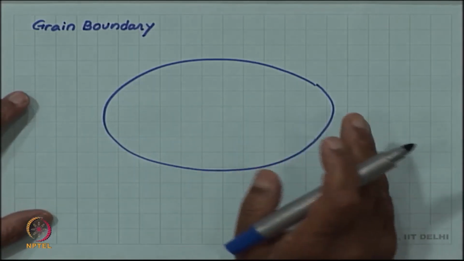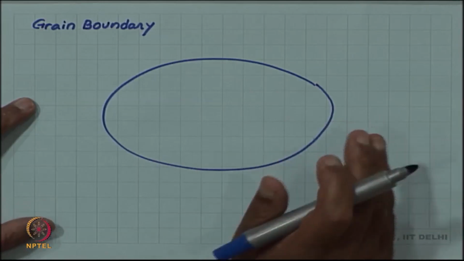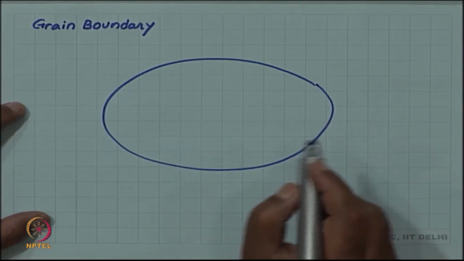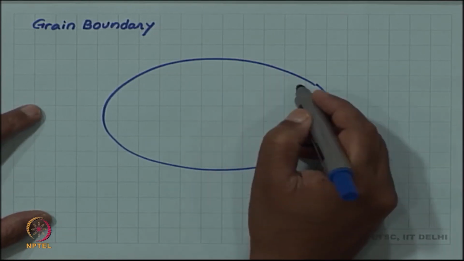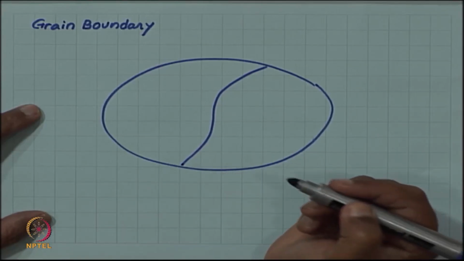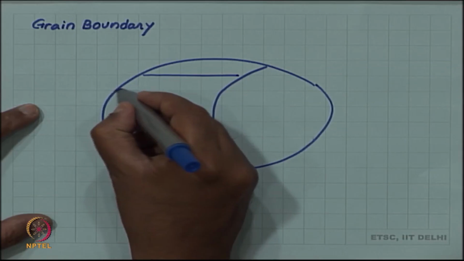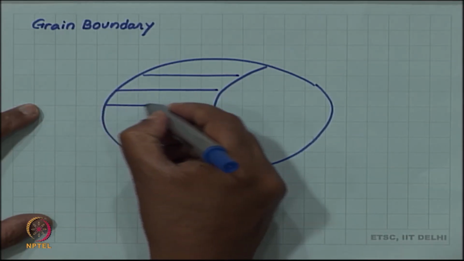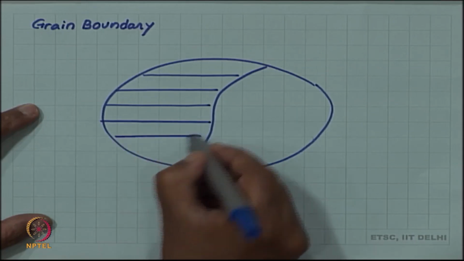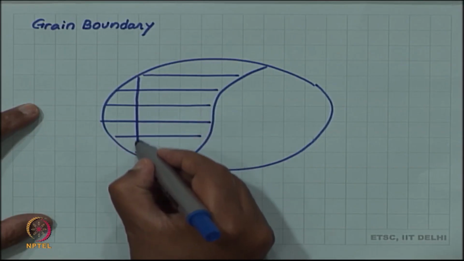So, if the sample has the same orientation of crystal right through, all the unit cells are parallel, then it will be called a single crystal. But instead, if it has a boundary, so let me draw a boundary in this, and if the crystal on one side is oriented one way, this is a two-dimensional sketch I am making.